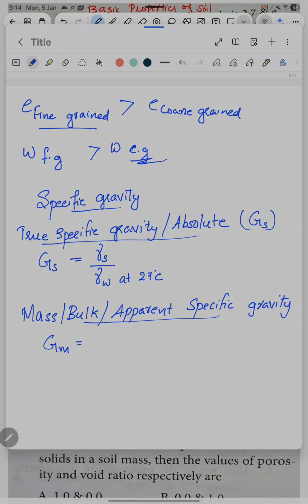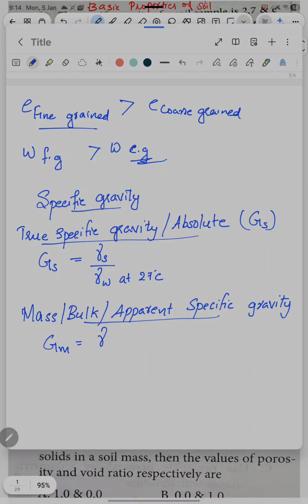Another name of true specific gravity is absolute specific gravity. Mass specific gravity GM is defined as the ratio of bulk unit weight to unit weight of water. So these two are important.